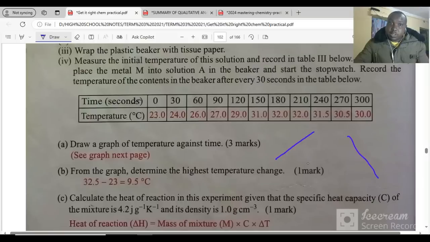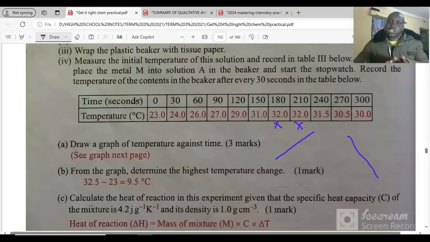So as you can see, in this one temperature is increasing: 23, 24, 26, 27, 29. At some point unaona hapa kuna 32 na kuna 32. We expect your values to have, hata kama utaona itabidi tu ujipange ukuwe na some constant somewhere towards the end. After that, there must be a decrease.